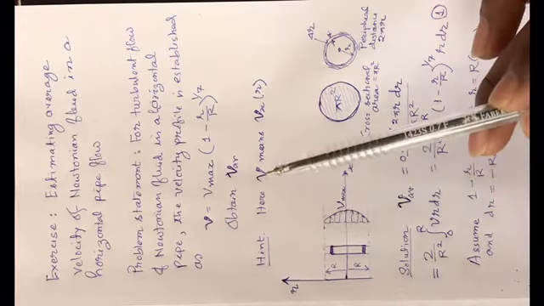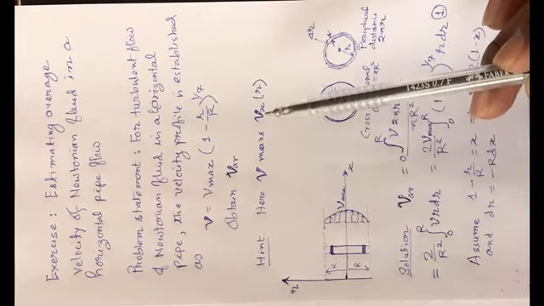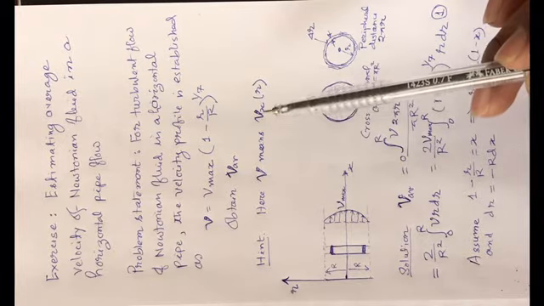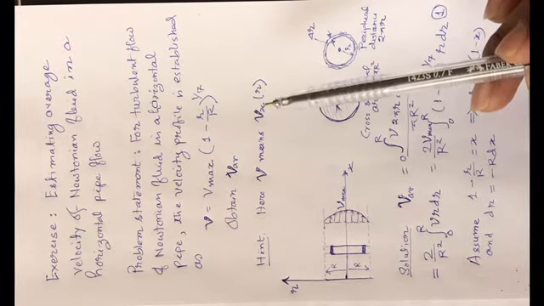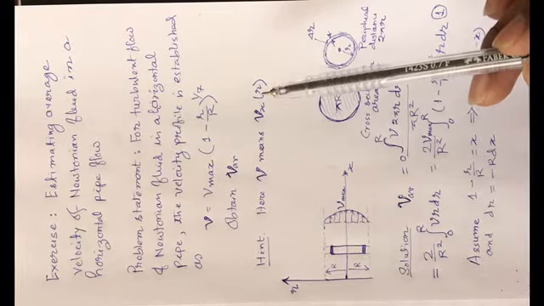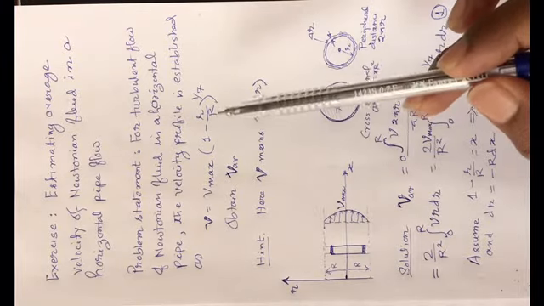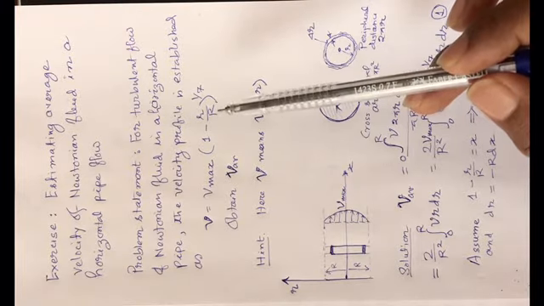Here this V means Vx(r), the velocity in axial direction at location r. So this small r represents the radial dimension, whereas this capital R means the radius of the tube.